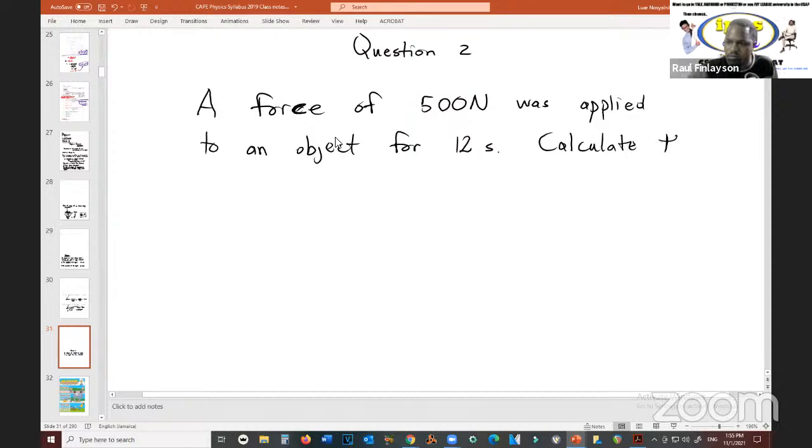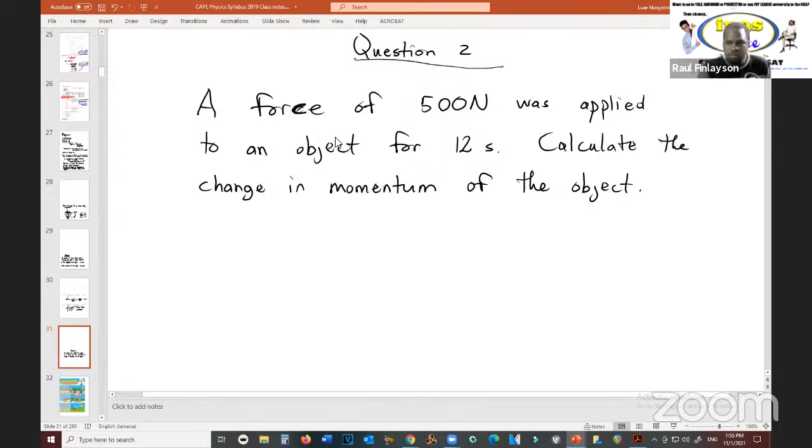Calculate the change in momentum. All right. So have a look at that one now. Read this question carefully and tell me what two things you're given in the question.